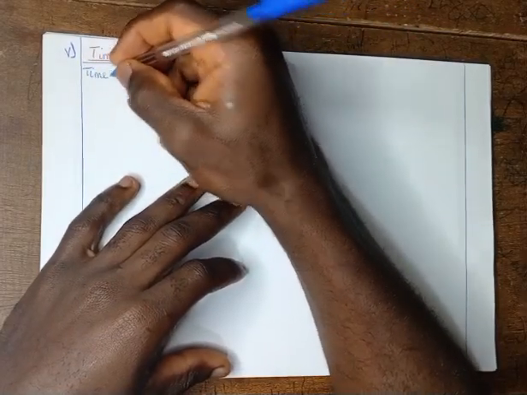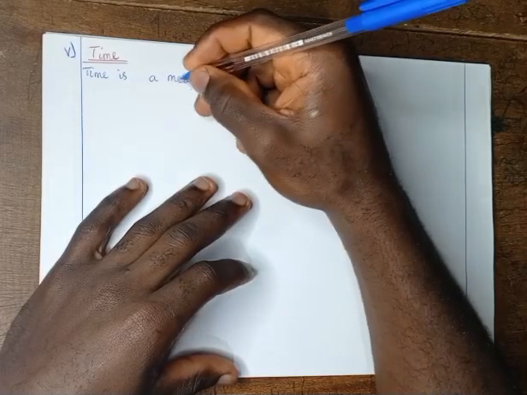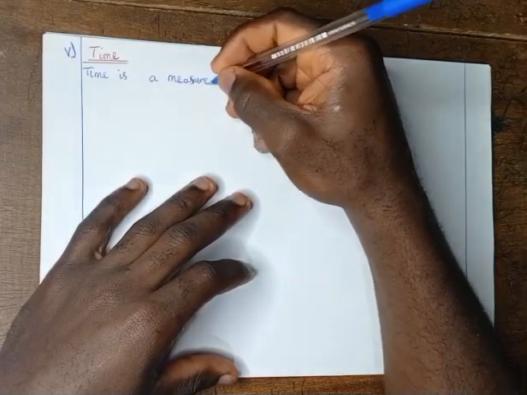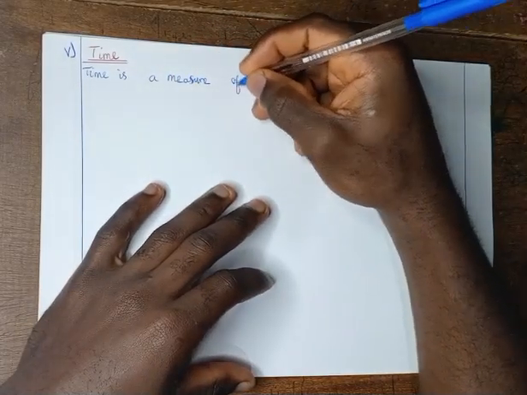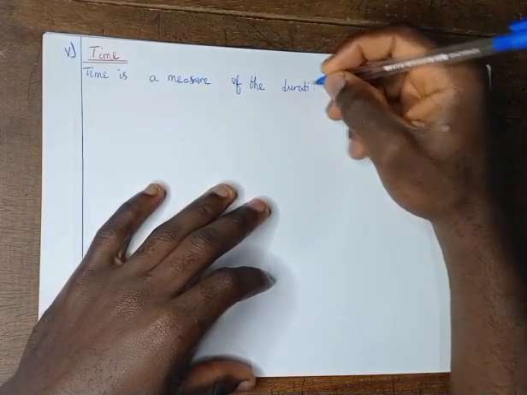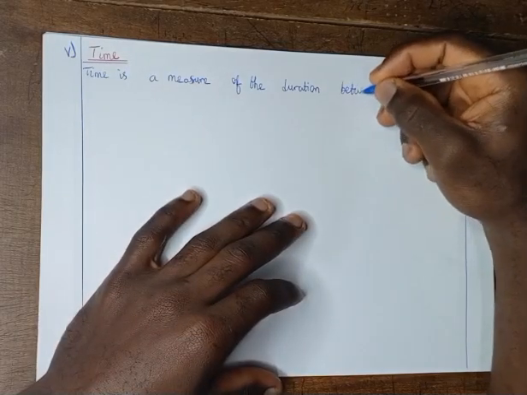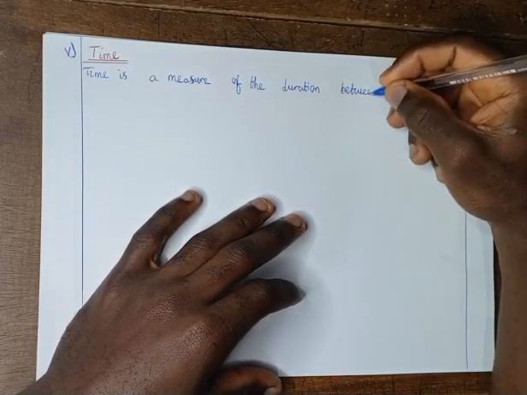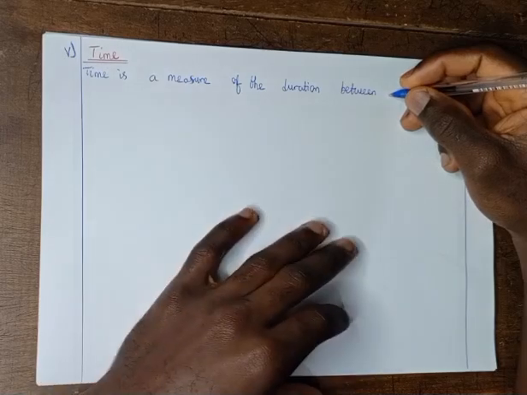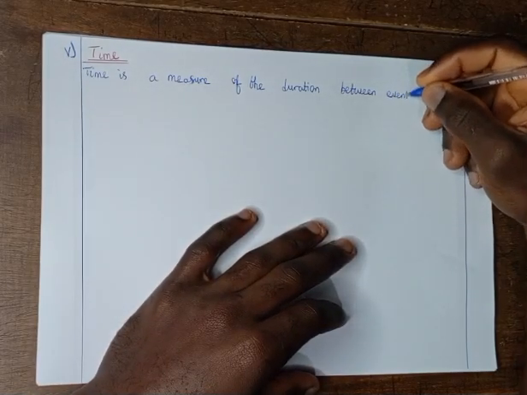Time is a measure of the duration between events.